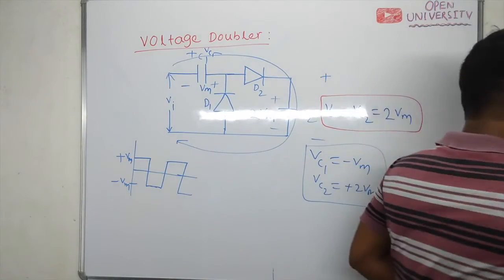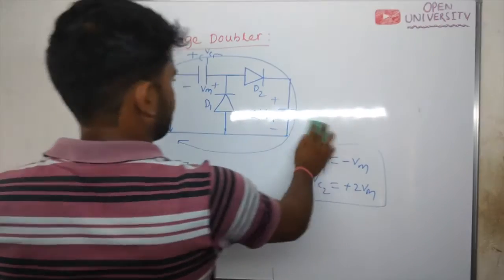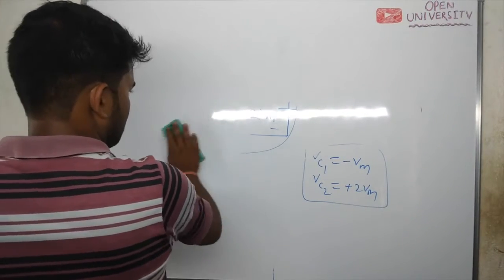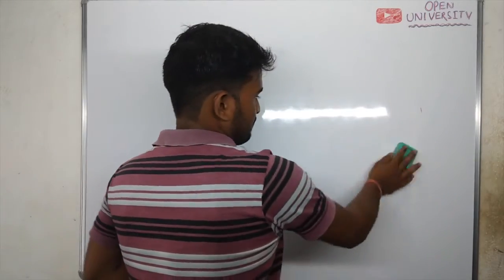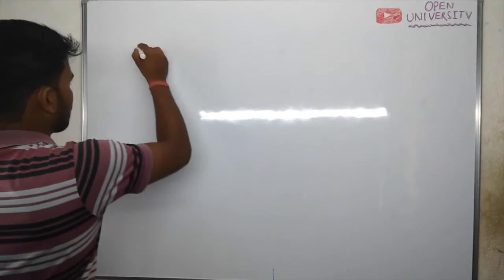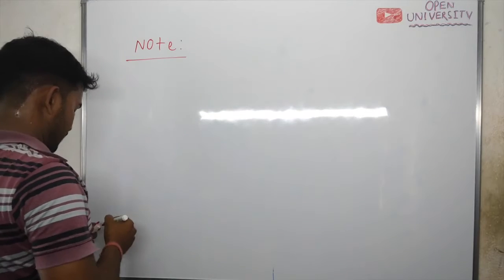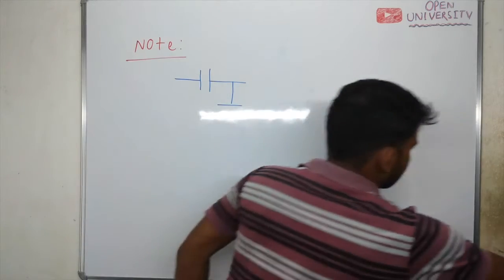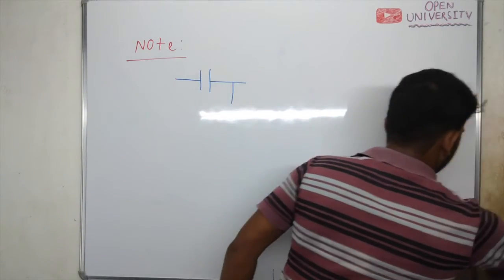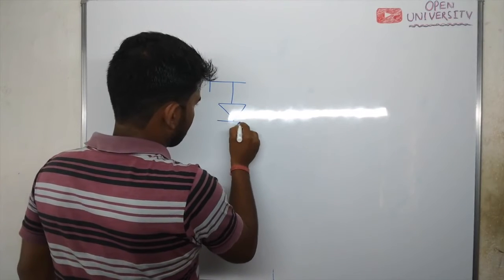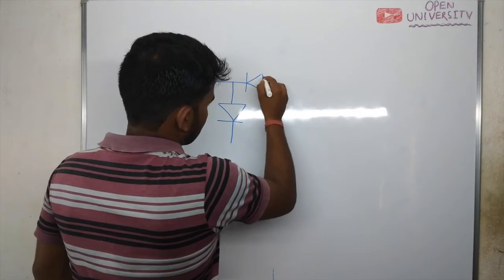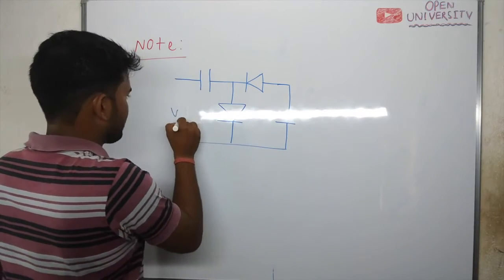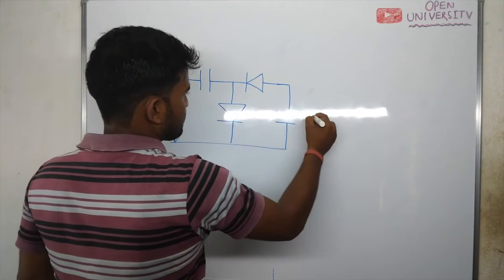Now, I have written one note. This is your input voltage Vi, and this is your output voltage Vo.